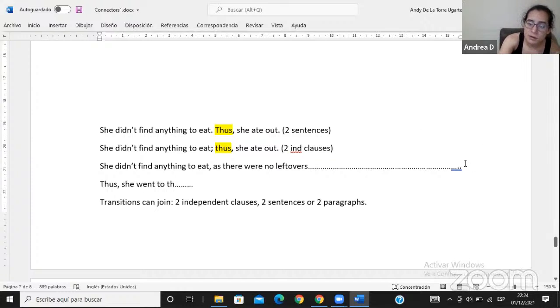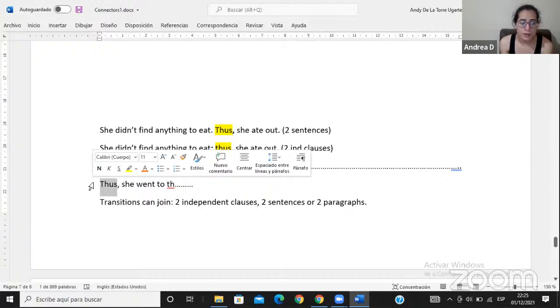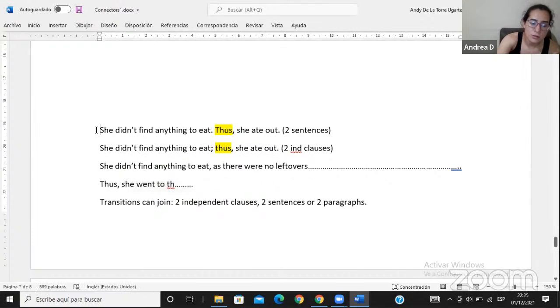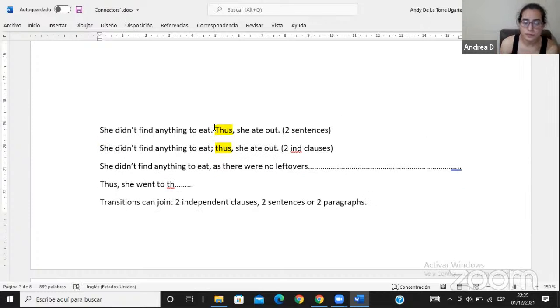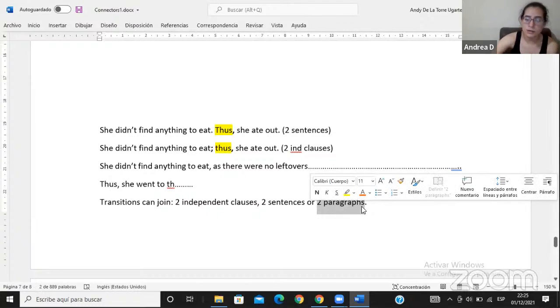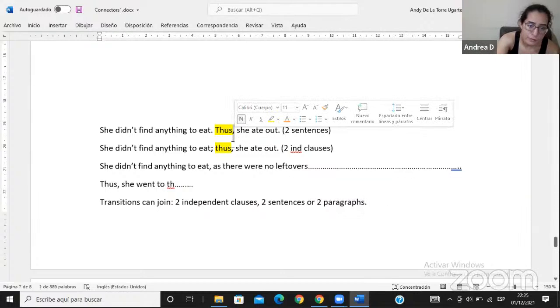Of course, here you have a period and a capital letter, so it will be the beginning of the paragraph, right? Thus. So it's the same as this one here. The only difference is that you are separating the paragraphs. So you're just putting enter and it's two paragraphs now. So you can join two independent clauses with a semicolon, two sentences with a period, or two paragraphs when it's in different paragraphs. But no matter what, you always need to use a comma after the transition.